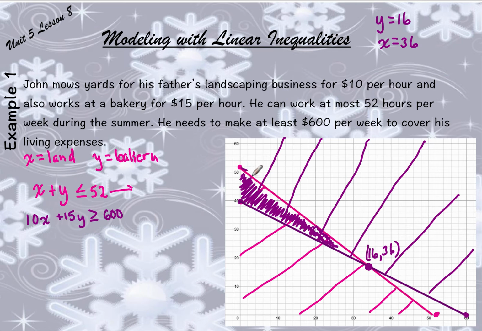And remember, you can also be anything on the lines too because they were equal to. So John's got a lot of opportunities to make sure he makes enough money to live on, and he works his 52 hours. This 16/36 was just a point, one of the boundaries in this equation.